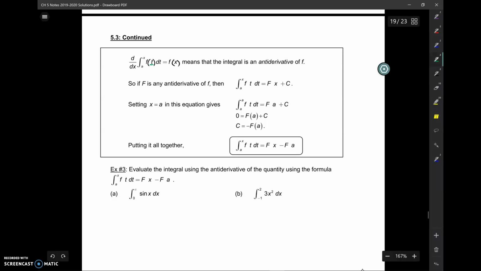The variable was t. I integrated from a to x. I took a derivative with respect to x. And now I got the original function, but the variable changed from t to x. So now, if I have it written this way, that the derivative of the integral is f of x, it means, right, if I took an integral and then I took a derivative and I got the same function back, it means that the integral is an antiderivative.